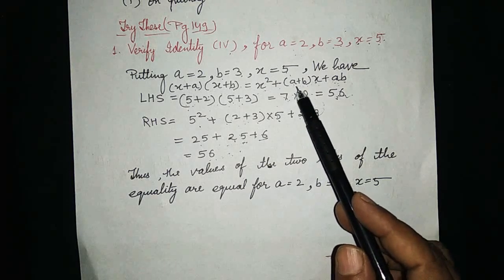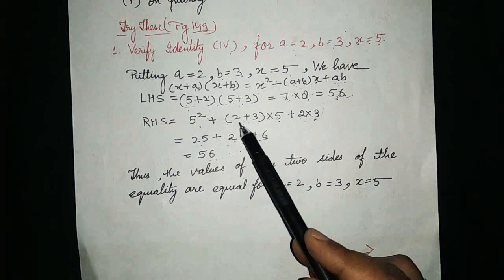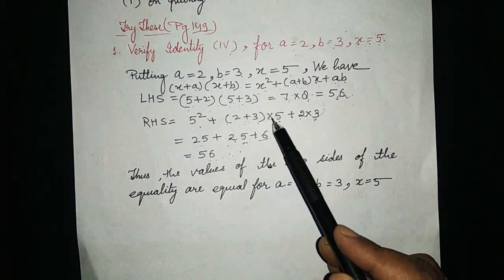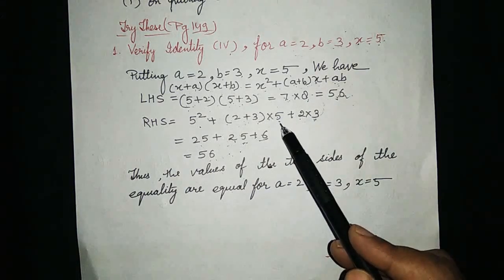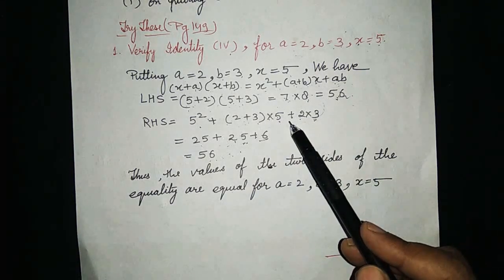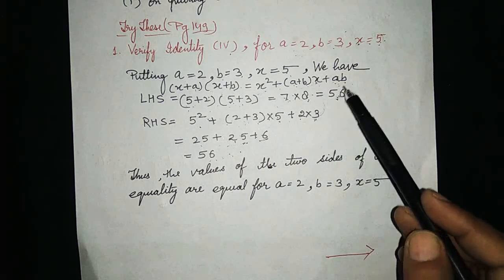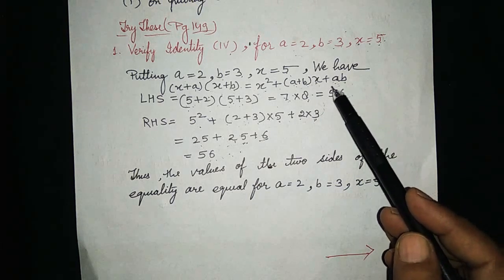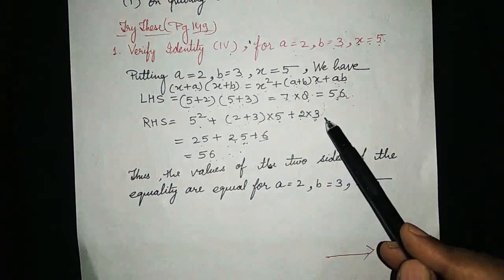Now again for a plus b we will write 2 plus 3, because a is 2, b is 3. Now we will write it in the bracket and we multiply it by 5 because x is 5. Then plus sign we will write. Then after putting this plus sign we will write a into b. So for a into b we will write this 2 into 3.